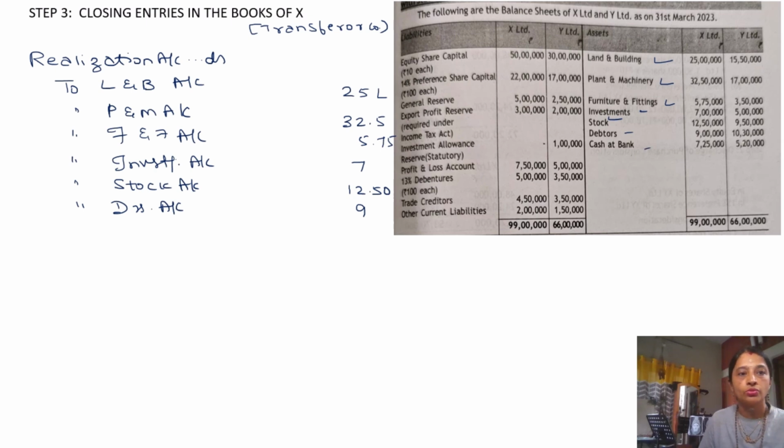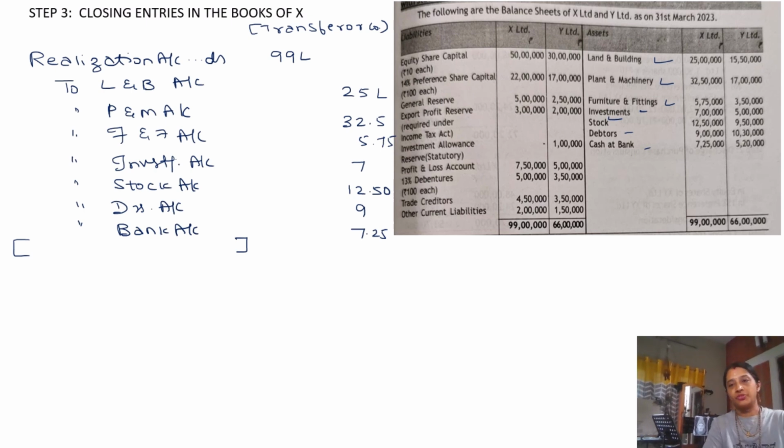Then to cash at bank, that is to bank account, amount is 7 lakhs 25,000. So the total of all these will come here in the debit column, which is 99 lakhs. So transferring all the assets to realization account, being all the assets transferred except fictitious assets.